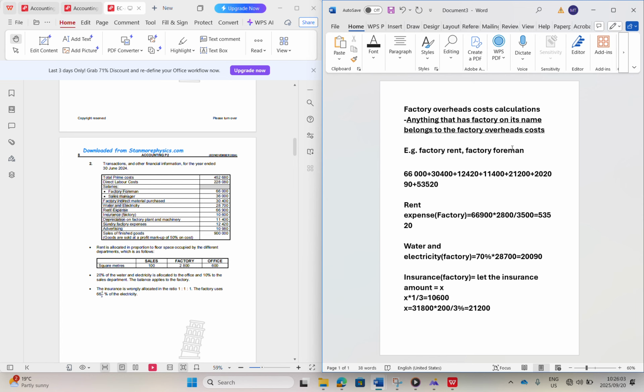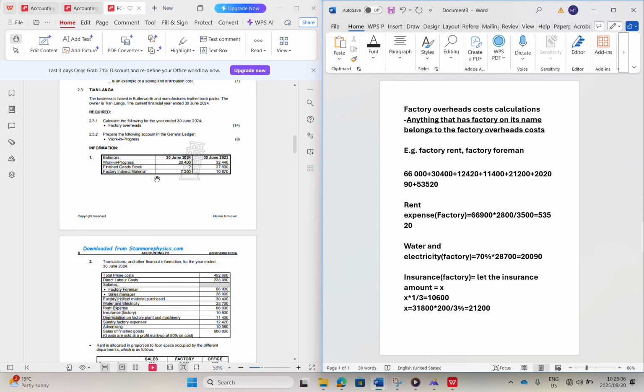But then I have noticed that we have factory indirect material here. This was the indirect material purchases, so I forgot to include them. We must add our beginning indirect material because it says factory, so it must be included according to my statement here.